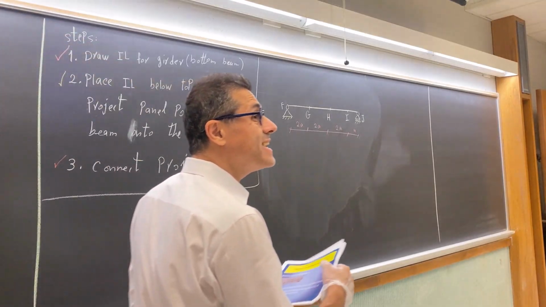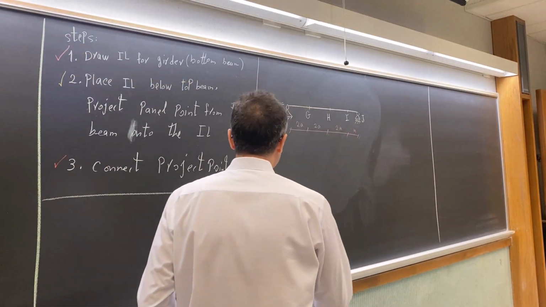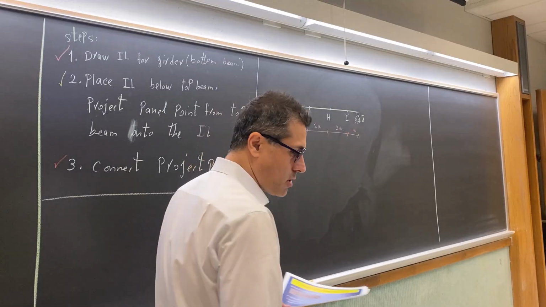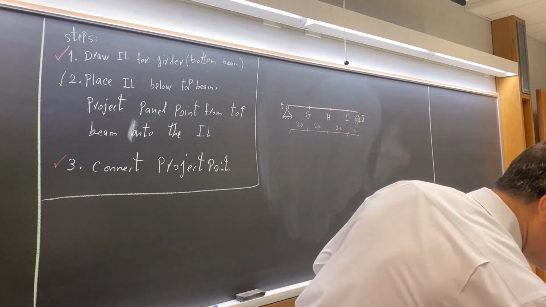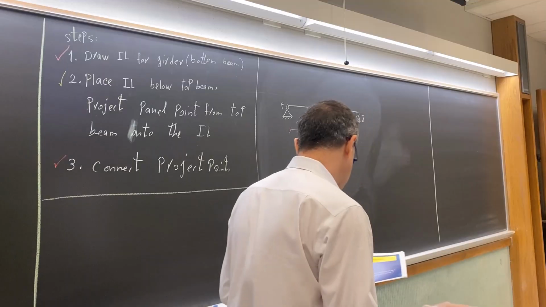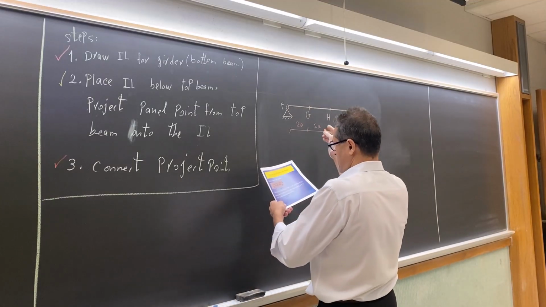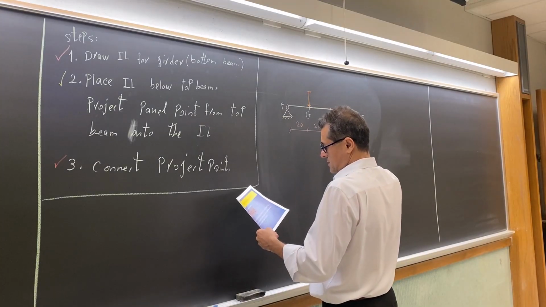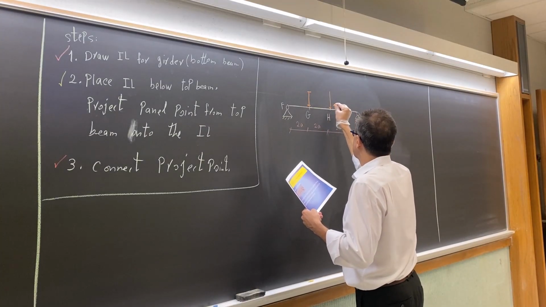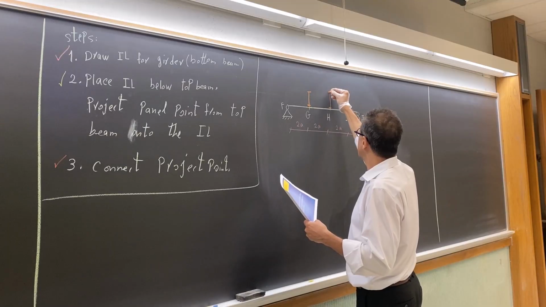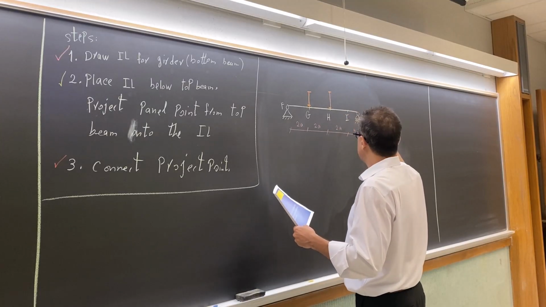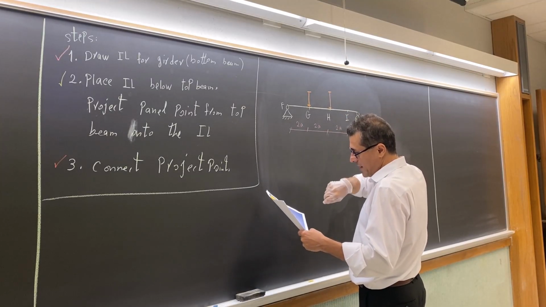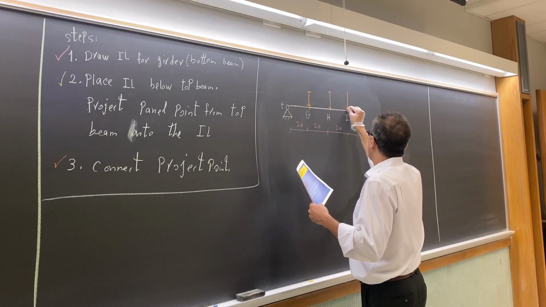So this is the girder. And then I'm going to use orange. We have I panel here. I tried to draw it in a larger size. H, I panel here.